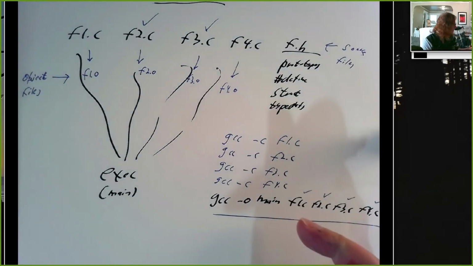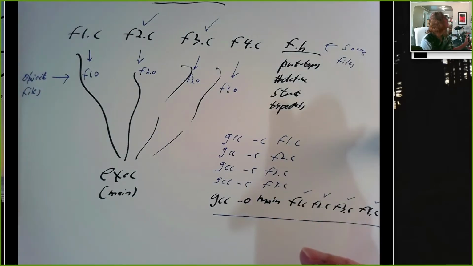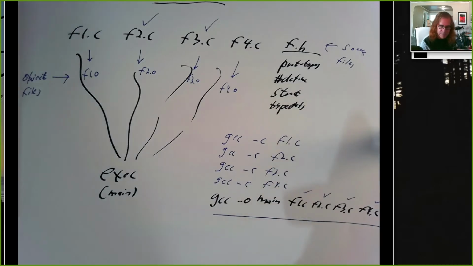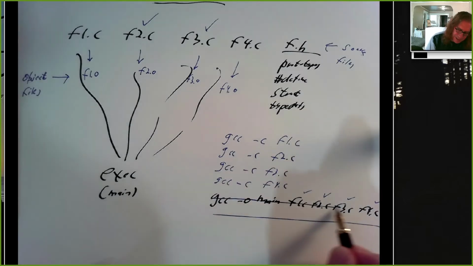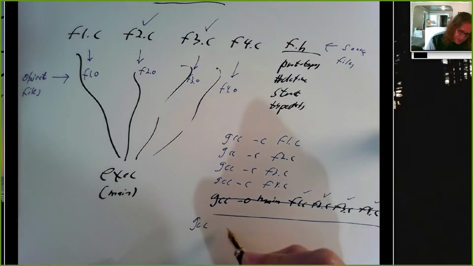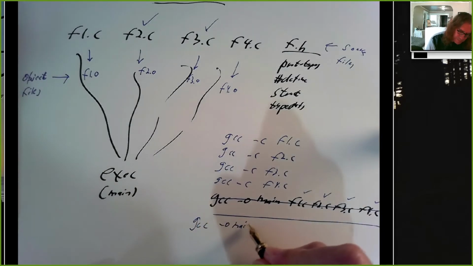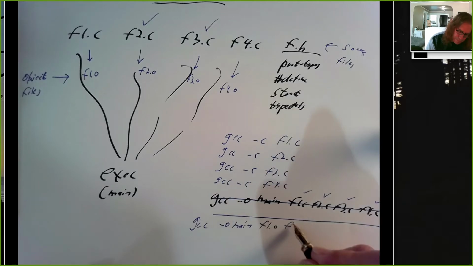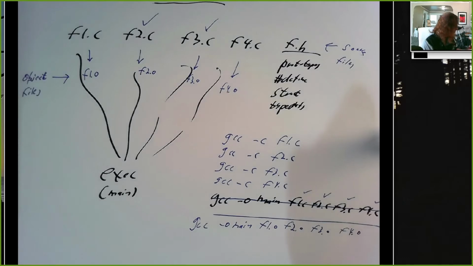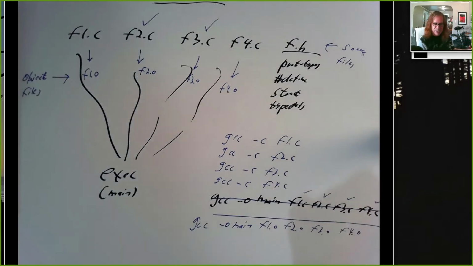So this will create our 4 objects. And then to link these together, instead of linking the .c files, we say this. Right, so that links the objects together and makes our executable main.